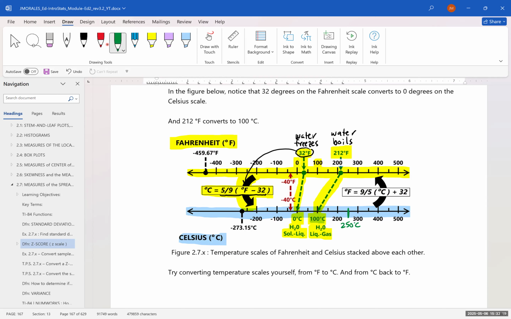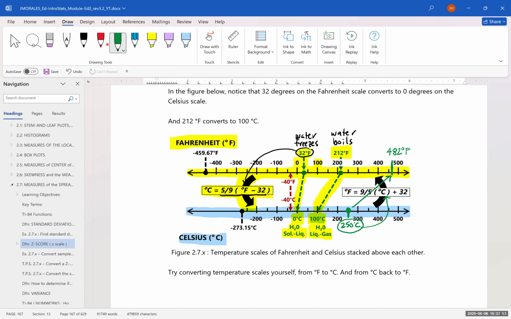We would take 250, plug it in as the input into this other equation, simplify the expression on the right, and 250 degrees Celsius would convert into 482 degrees Fahrenheit.